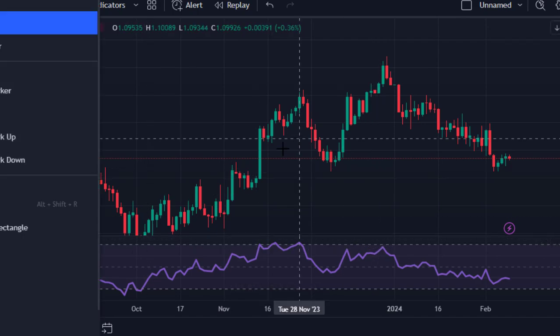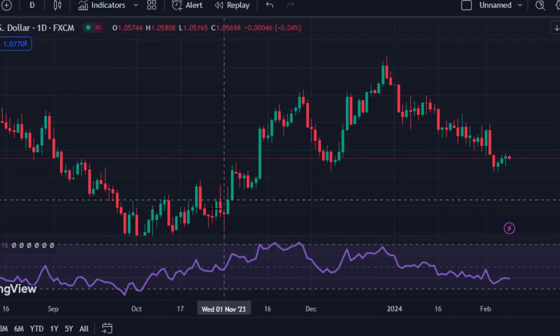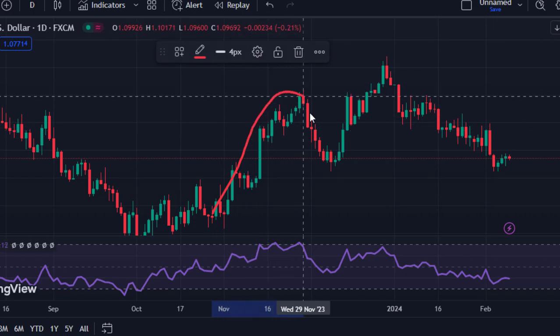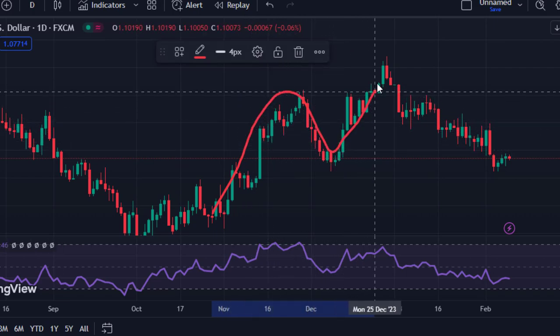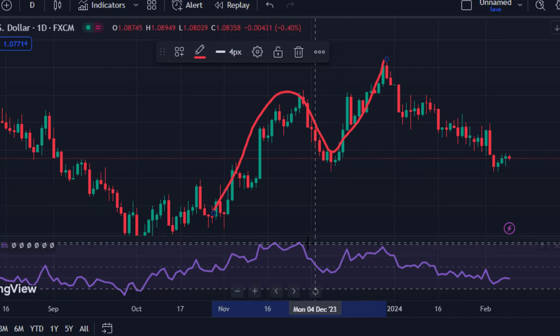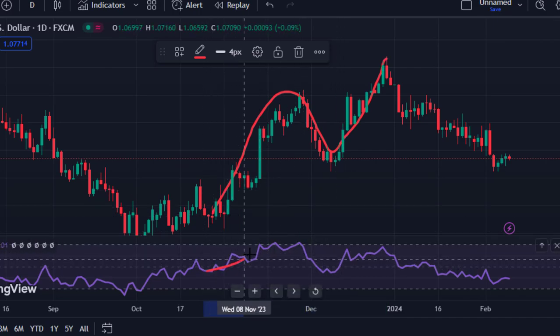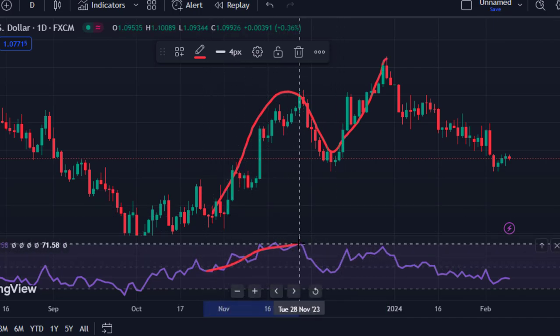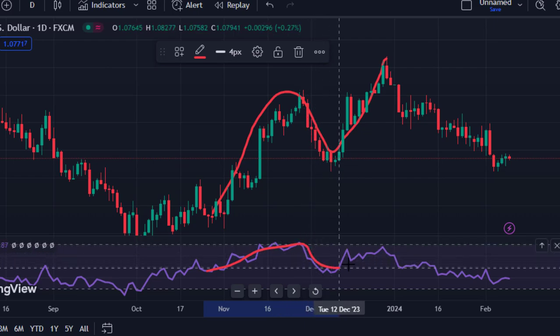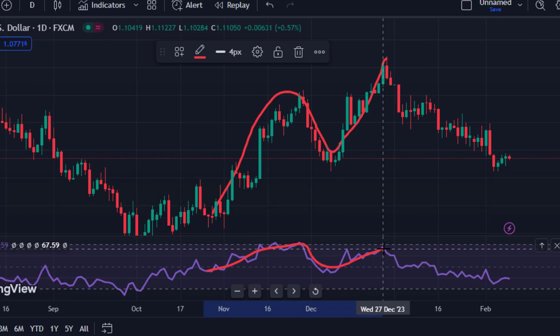Now, look at it here. Market moves upward from this very point, okay, and then we have a retracement, and the market moves up again. Now, on the indicator, you see the market move into the overbought condition and then come out of the overbought condition, but it could not enter into the overbought condition again at this very point.